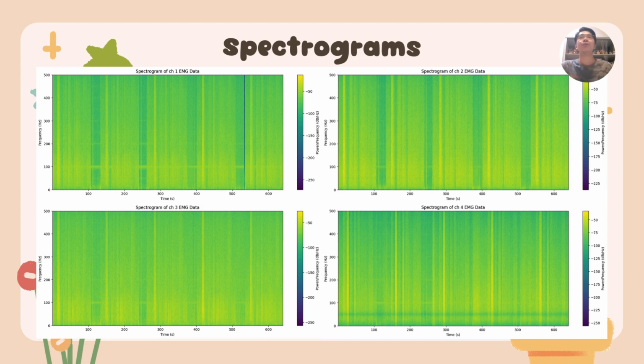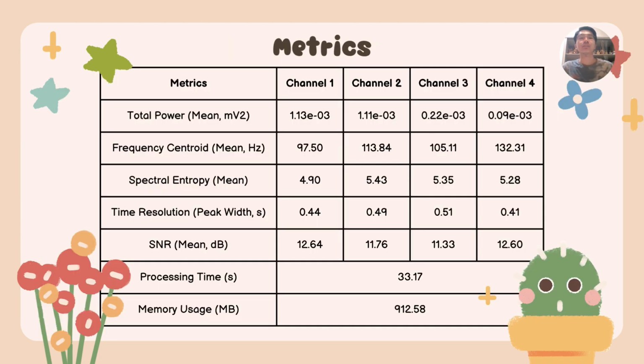There are prominent frequency bands around 100 Hz, which is expected for muscle activity. The spectrogram shows variations in power over time. This could indicate intermittent muscle contraction or changes in the signal. This table shows the matrix of the processed EMG signal from channel 1 until channel 4.